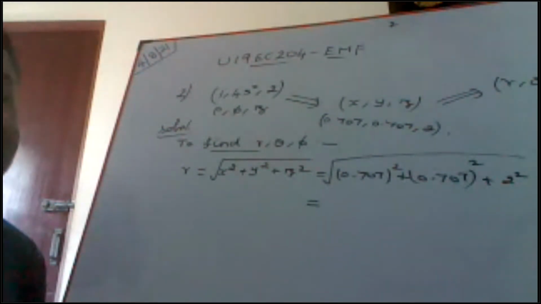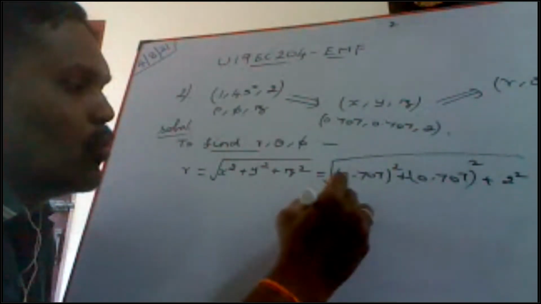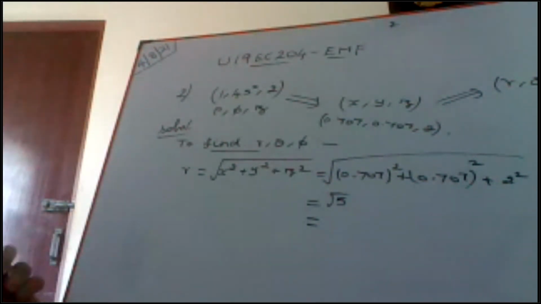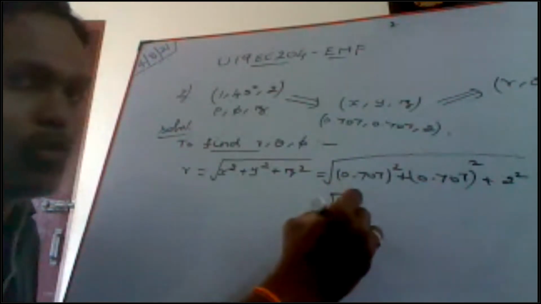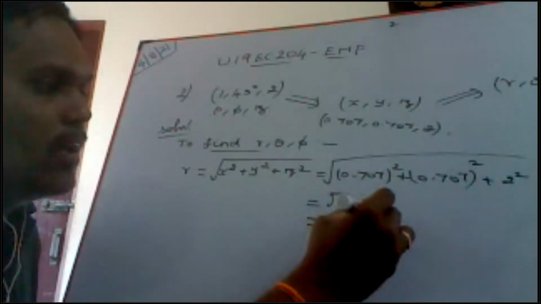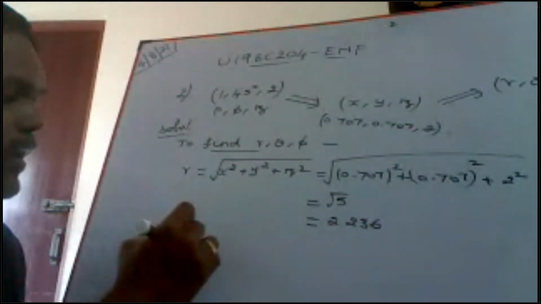How much did you get? So its value is root 5. Can anyone tell how much root 5 is? 2.236.